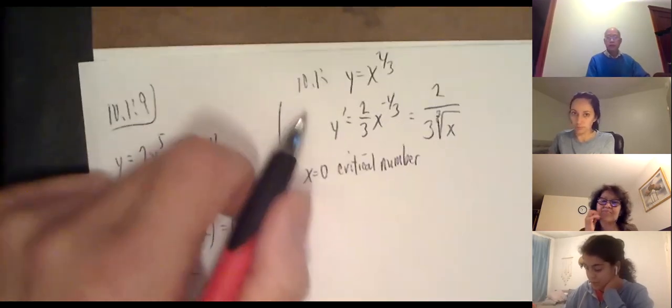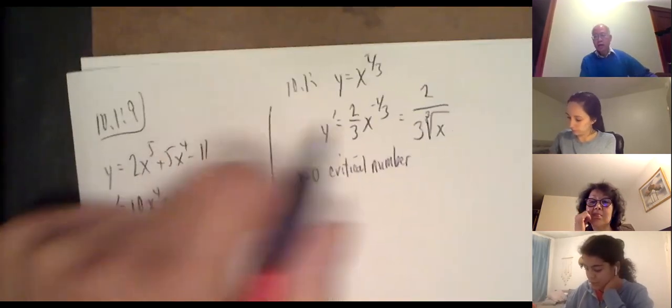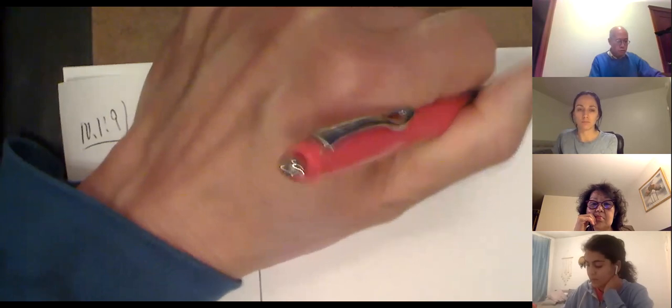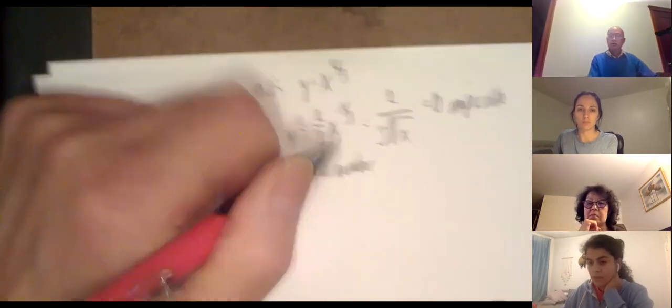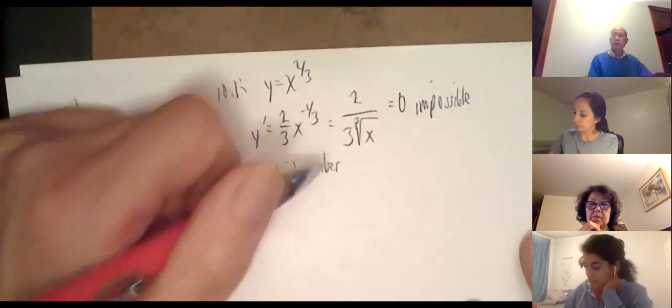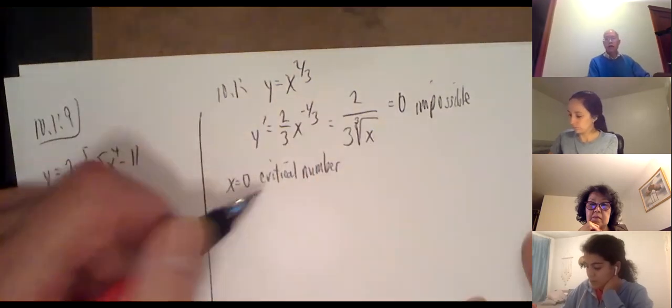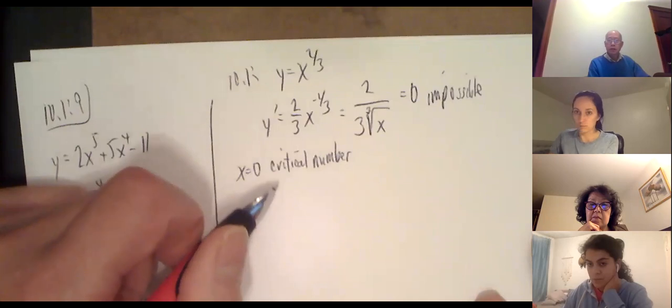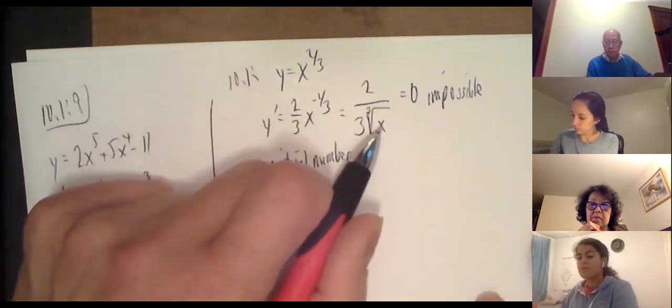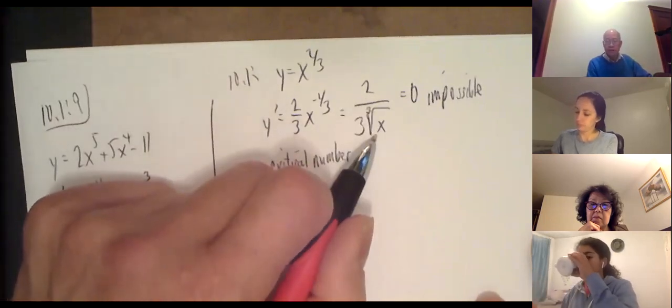So here's one instance where we have to set the derivative to be undefined. By the way, this cannot equal 0. If I set it equal to 0, that's impossible, because a fraction is equal to 0 when the numerator is 0, but the numerator is already 2, so it can't happen. x equals 0 is a critical number because you can't divide by 0.